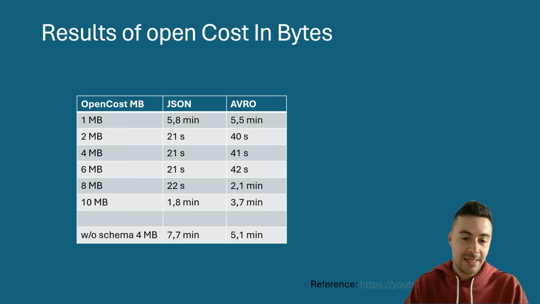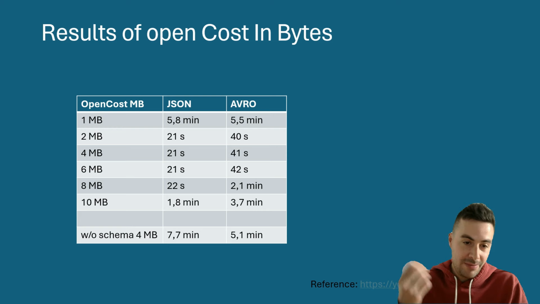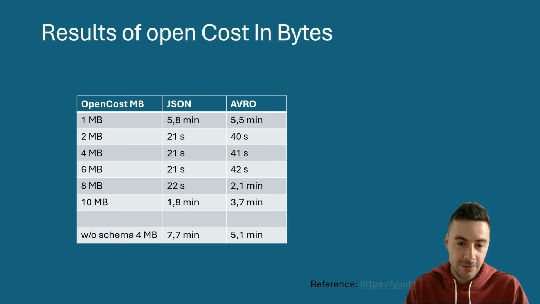And now what I did is I applied it to our small file experiment with 100,000 files and 100 million rows for JSON and Avro. In this case, we are lucky that the default configuration is already quite efficient. But here you can see the difference. If you have a higher open cost, you see the performance becomes worse, because you have a lot of partitions which have maybe only, well, in this case, maybe 10 files. This means a lot of overhead of scheduling a lot of partitions, and that's also bad.